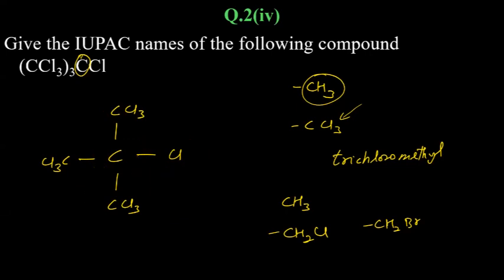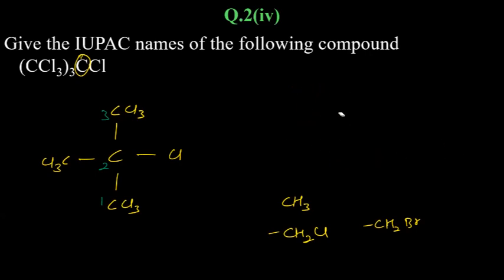If you number from either side, it's symmetrical 1, 2, 3. Now on the second carbon, you have chlorine. One chlorine is on the second carbon.